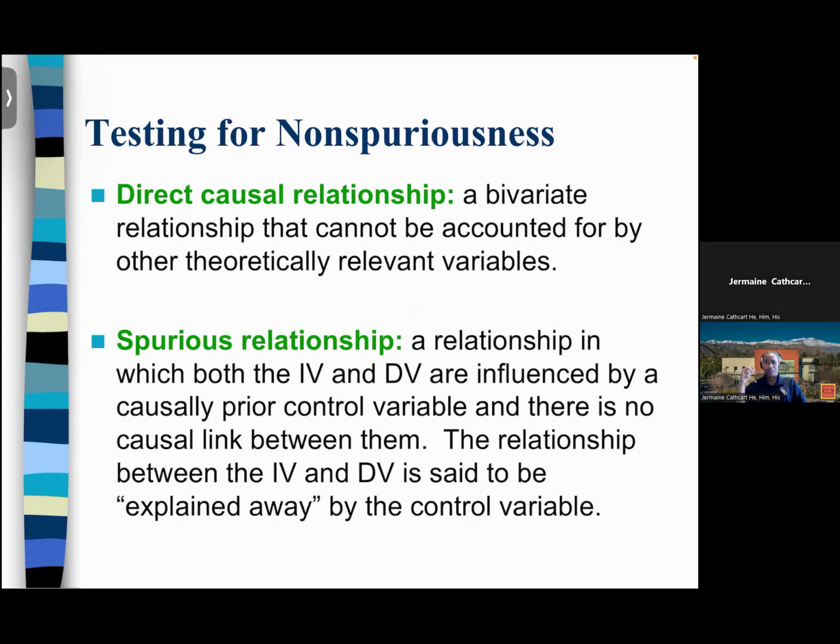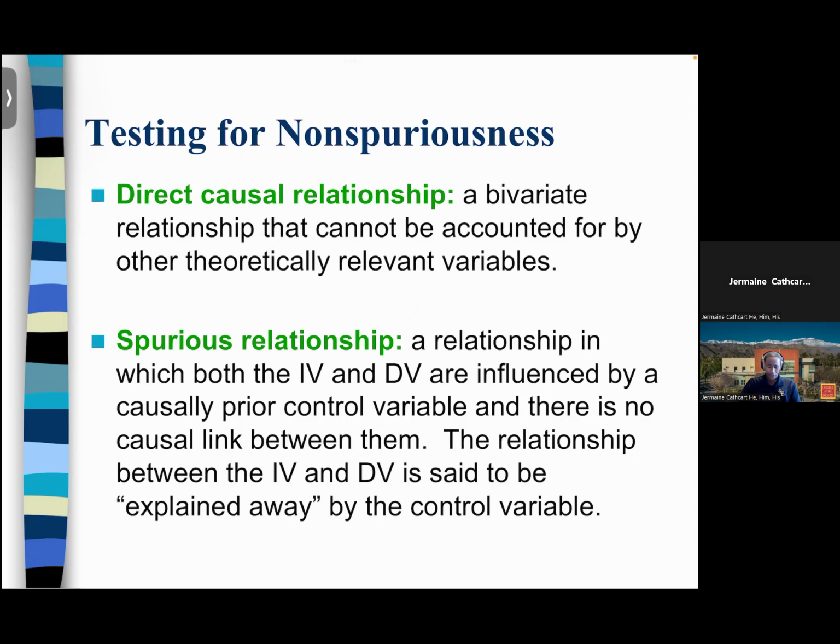In order to do that, you need to make sure that you control for all other potentially theoretically relevant variables, which is very difficult because it's easy to potentially miss a third relevant variable. Now, you also need to establish time order. You need to make sure that the independent variable precedes the dependent variable, either rising or decreasing, right?